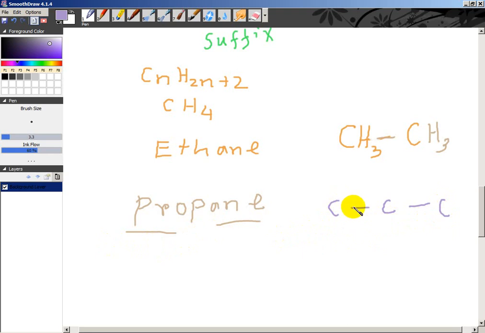Carbon can form 4 bonds. This carbon has 1 bond already, so 3 bonds will form with hydrogens. This middle carbon already has 2 bonds, so 2 bonds will form with hydrogens. This carbon has 1 bond, so 3 bonds will form with hydrogen. This is the structural formula of propane.